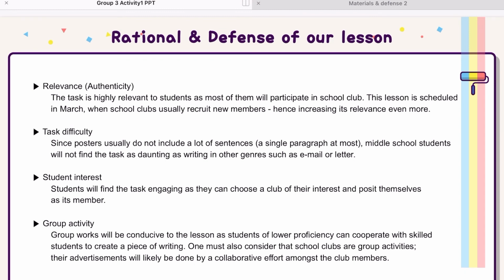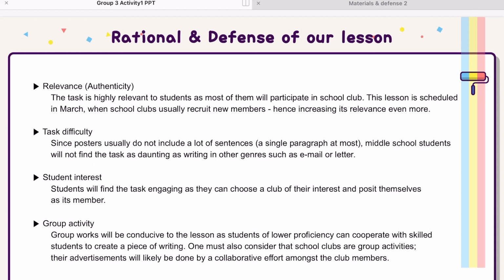Number one, relevance. The task is highly relevant to students as most of them will participate or are already participating in school club activities. This lesson is scheduled to take place in March when school clubs usually recruit new members.